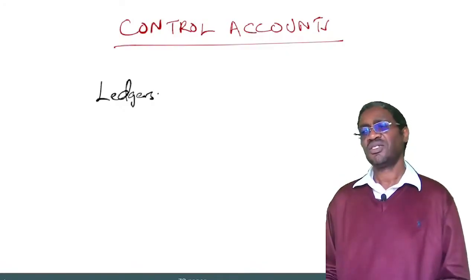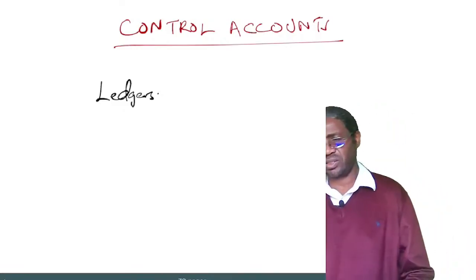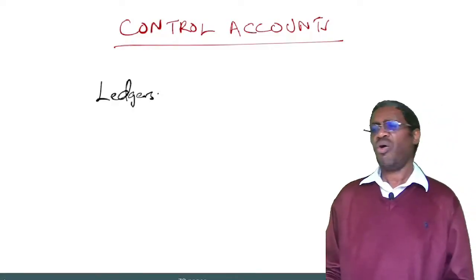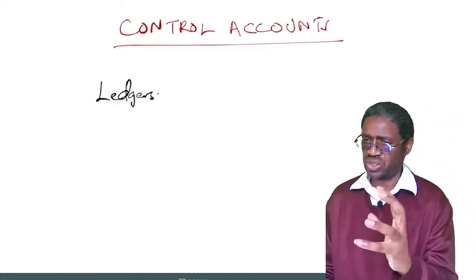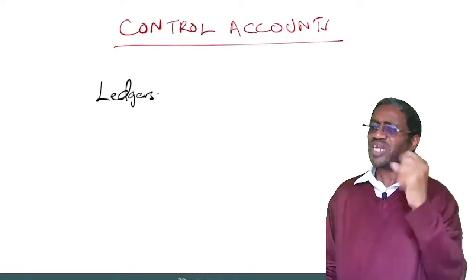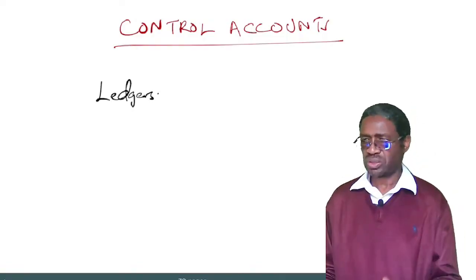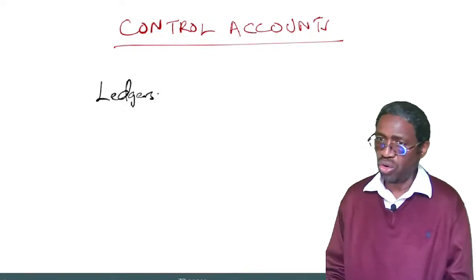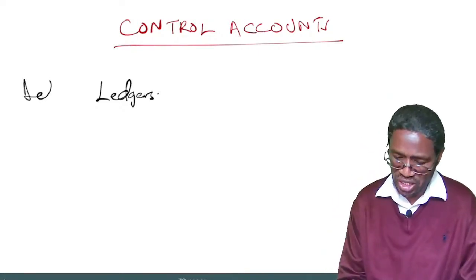So if you have debtors, maybe you have 100 debtors, all those debtors' accounts are normally recorded in one book, and that book is called the debtors ledger.